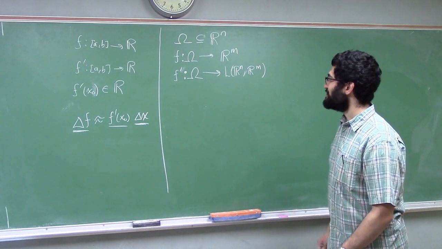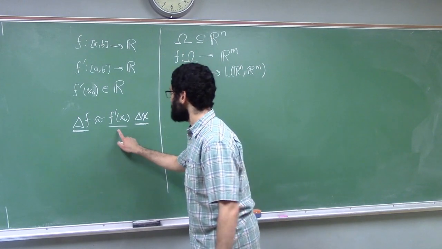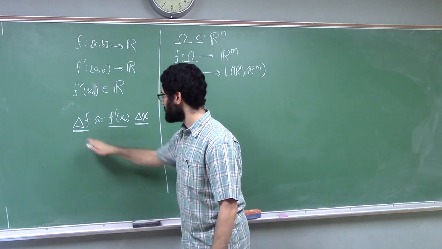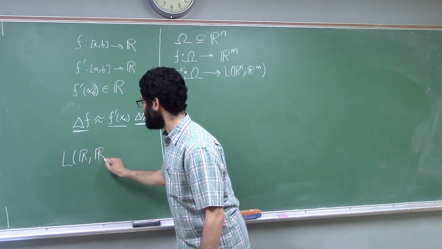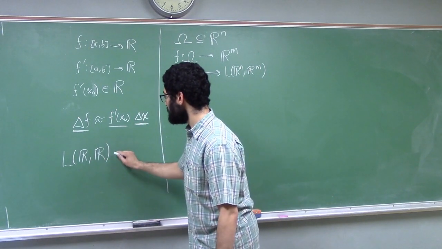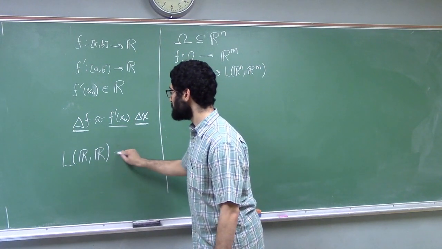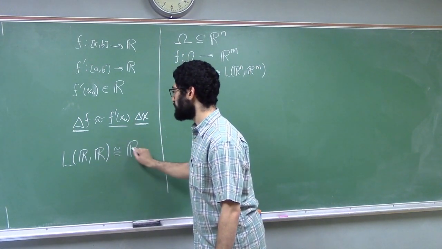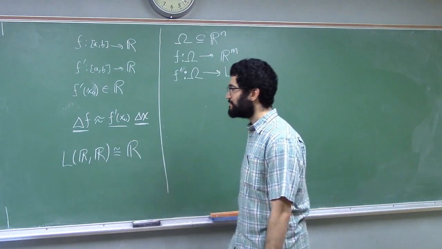But I also want you to see that it's not that different. This is still a mapping from real numbers to real numbers. What is being used is the fact that linear mappings from real numbers to real numbers are just like real numbers. So as a vector space, this is basically the same as that.